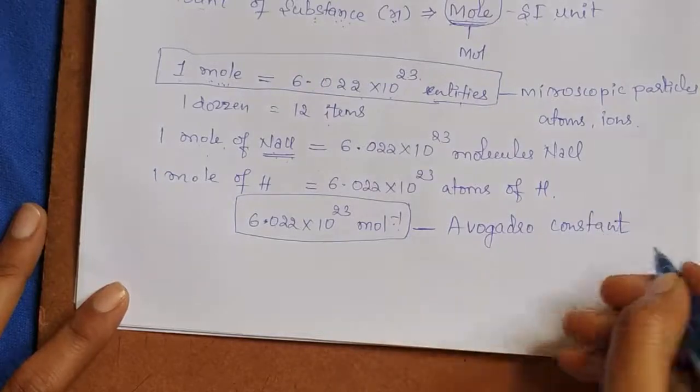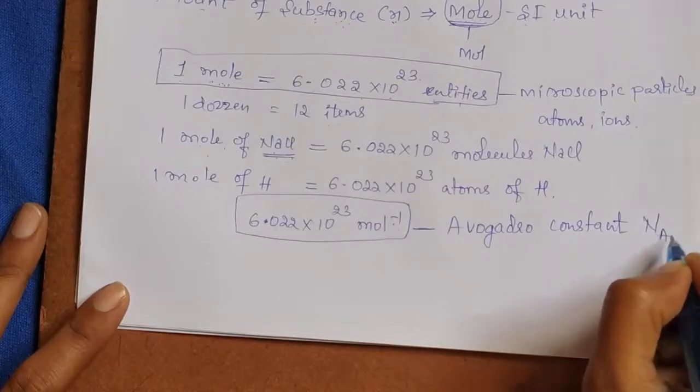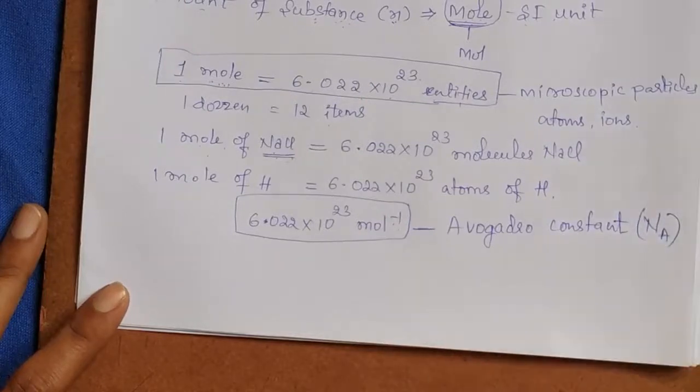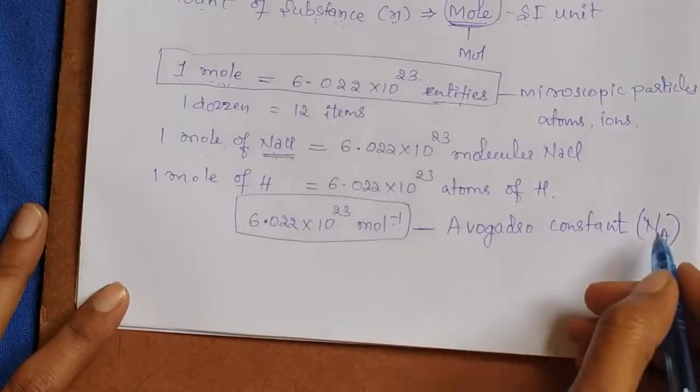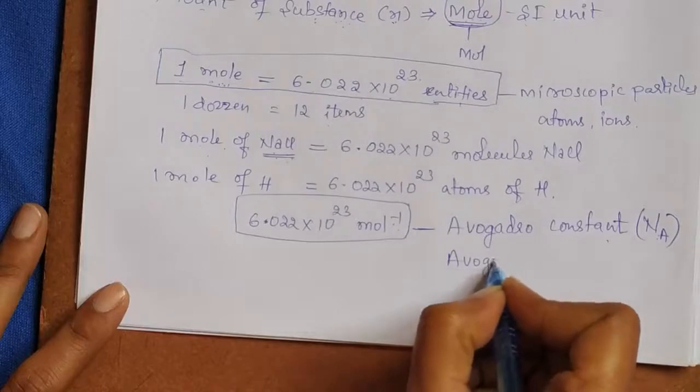The Avogadro constant is symbolized as capital N subscript A.